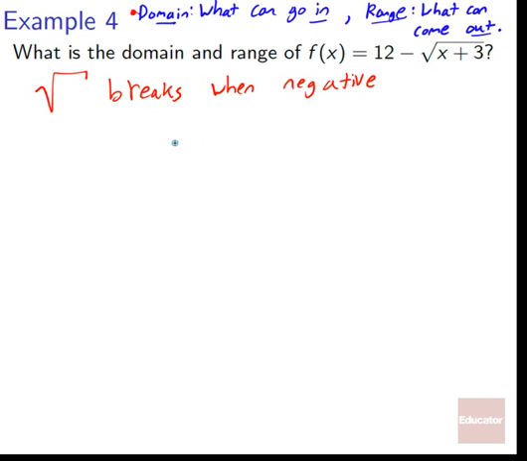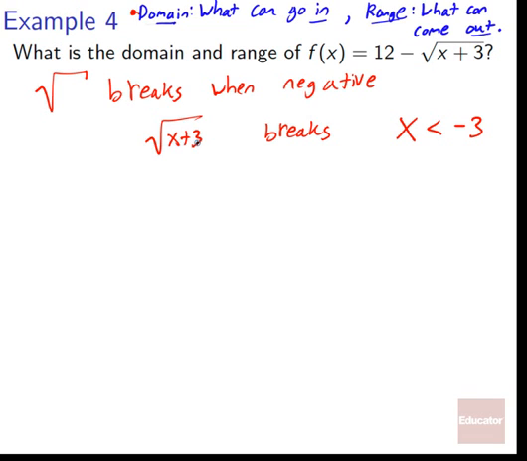So when will this break? Square root of x plus 3 breaks when we have a negative inside. So when is x plus 3 going to be negative? When x is less than 3. Sorry, not less than 3, but less than -3. So if x is less than -3, if x is more negative than -3, then this will be a negative value inside. If for example we use -4, then we'll get the square root of -1.